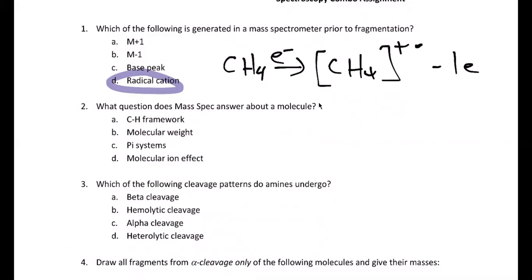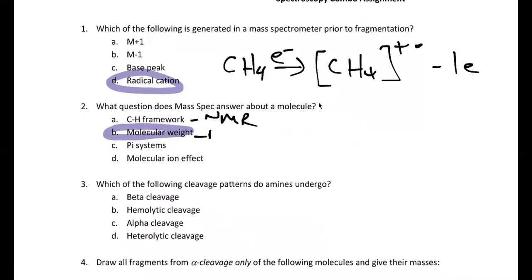All right, what about number 2? What does mass spec tell us about any given molecule? Is it A? No. A is what NMR tells us about the carbon-hydrogen framework. Mass spec, what does it measure? Mass, right? So mass spec tells us about size and molecular weight. NMR tells us about the carbon-hydrogen framework.